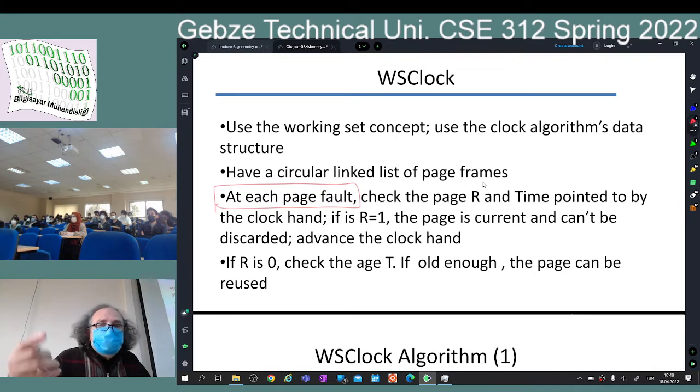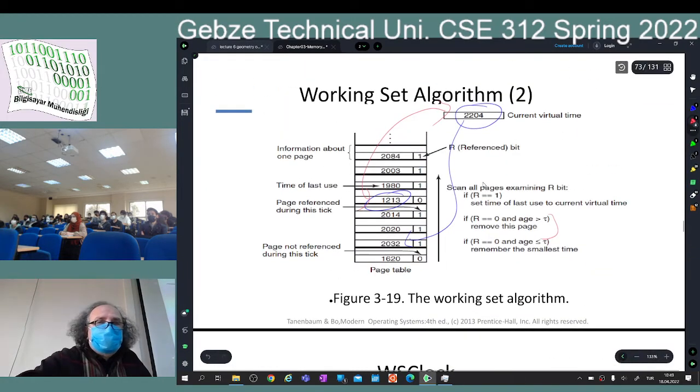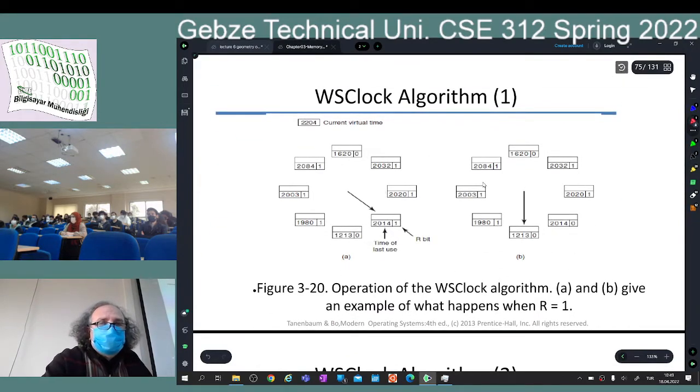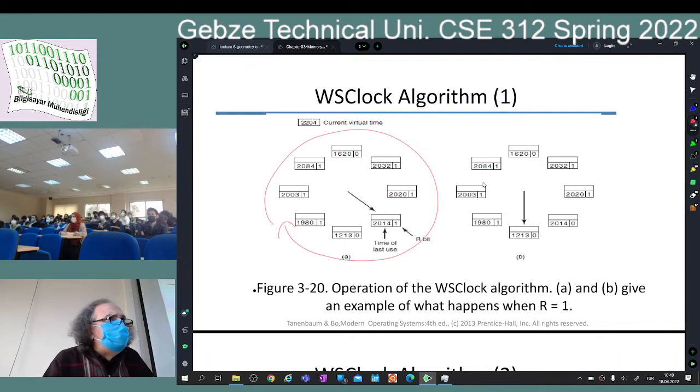If there is a clock interrupt, I scan all the pages one by one, and update their current time if their R bit is 1. Question: what do I do after I do this? Do I clear the R bit or do I keep the R bit?